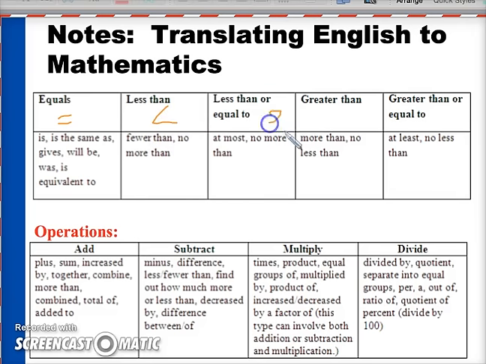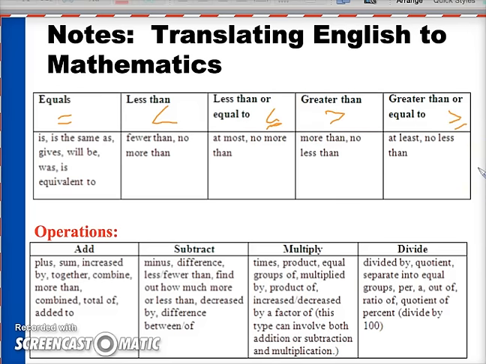So make sure you pay attention to the wording in English for each symbol. So here's less than or equal to, sorry. Less than or equal to means less than, but with a little tiny dash under it. That means equal to. Here's greater than, and then here's greater than or equal to.